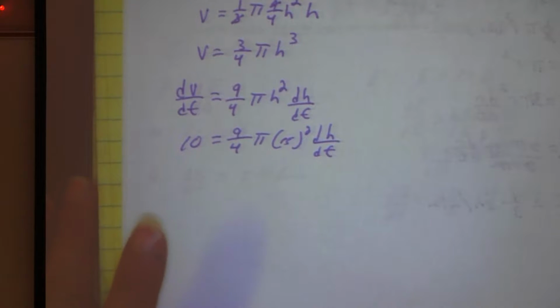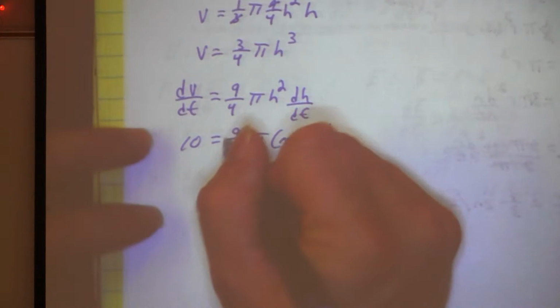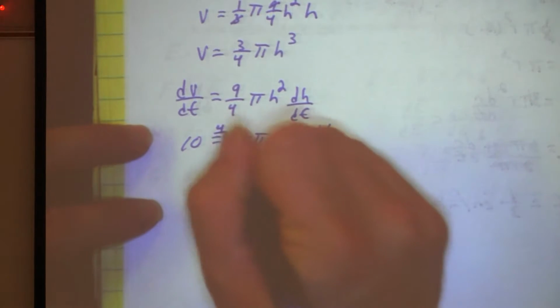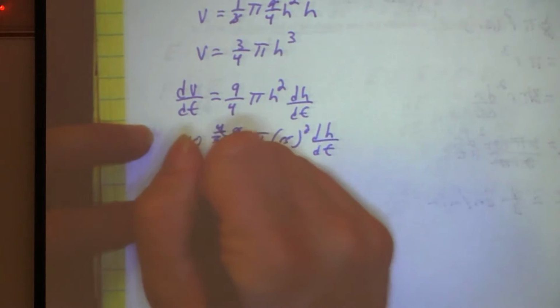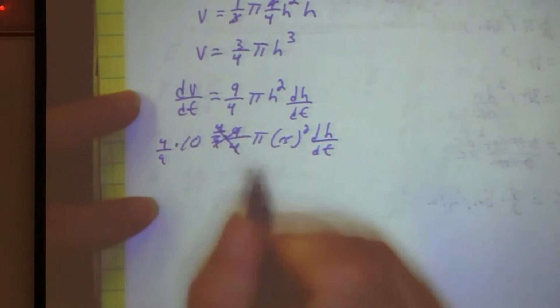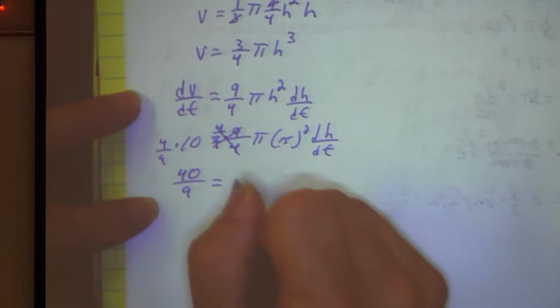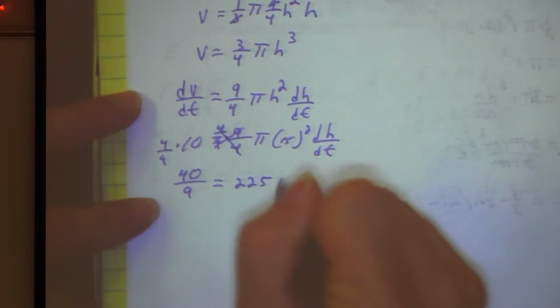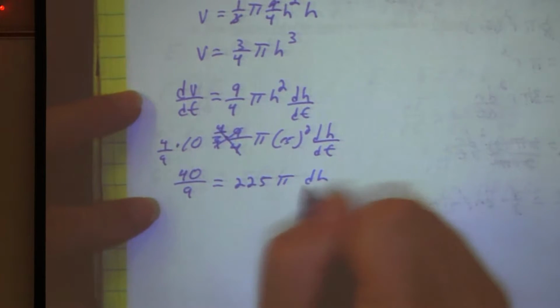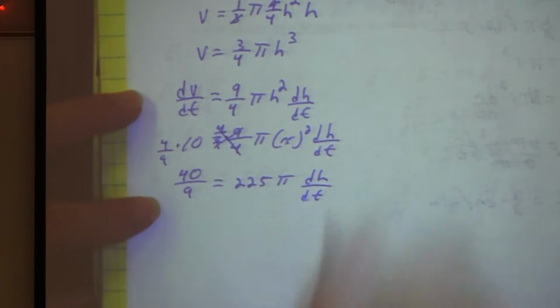Let's start off by getting rid of 9/4, especially since we don't have a calculator. How can I get rid of 9/4? Times 4 over 9. So that ends up being 40 over 9 is equal to, what's 15 squared? 225. So 225 pi dh/dt.